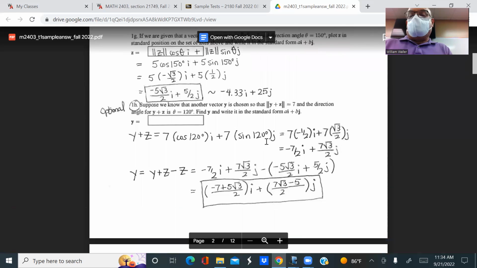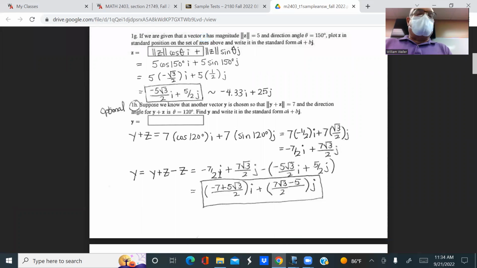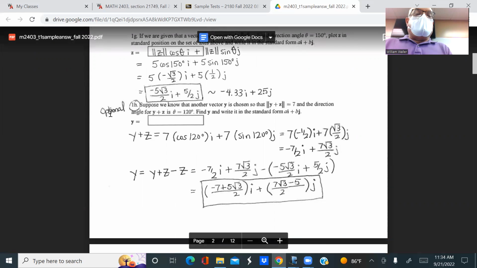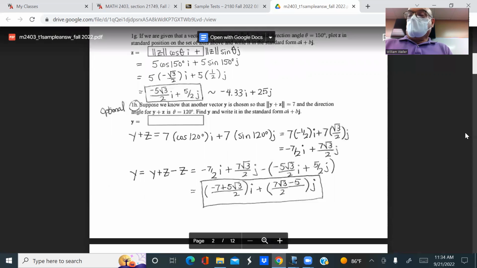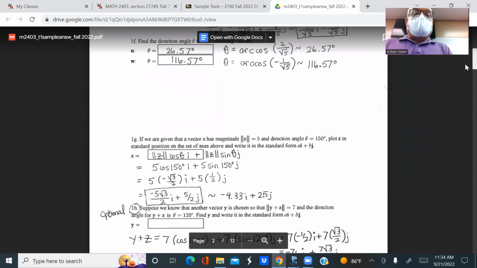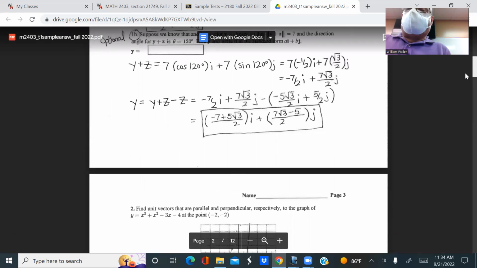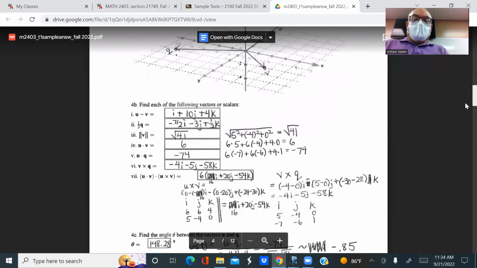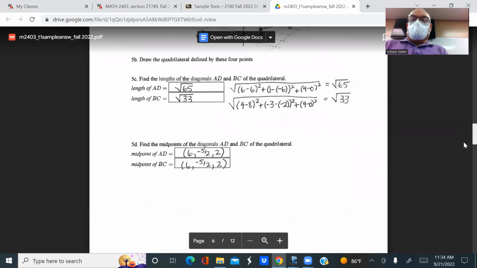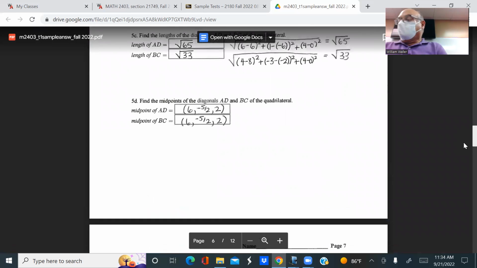So this one is just trying to test your knowledge of 2-dimensional vector operations, but not all that important. So I made that one optional also, just to save a little bit of time. So again, you can do it, but it's not difficult. But if you're trying to save time working on sample tests, then you can drop those 2 optional problems.